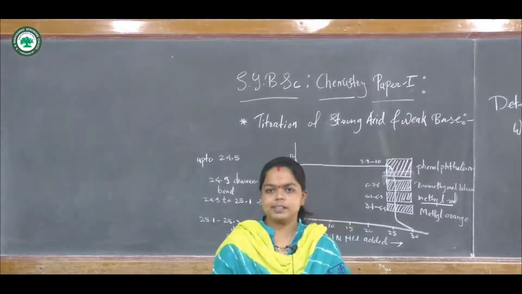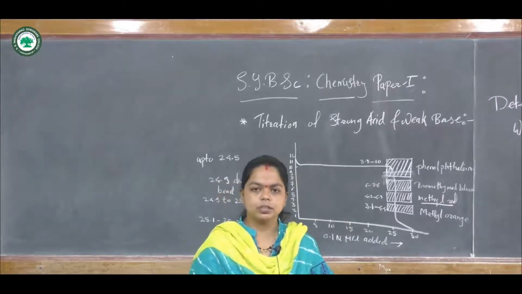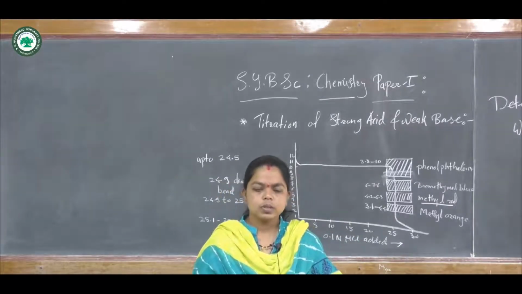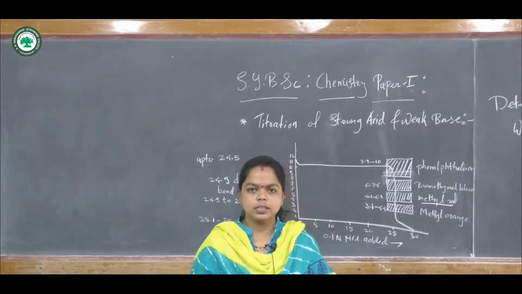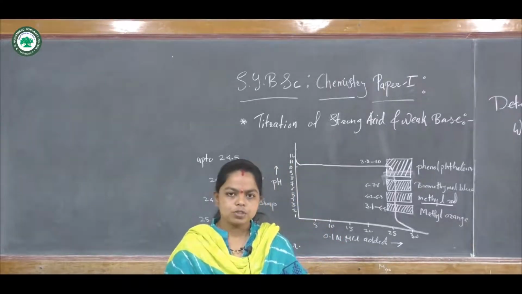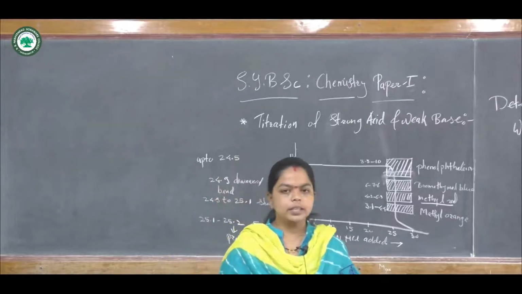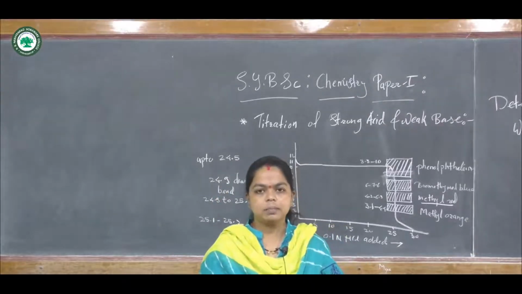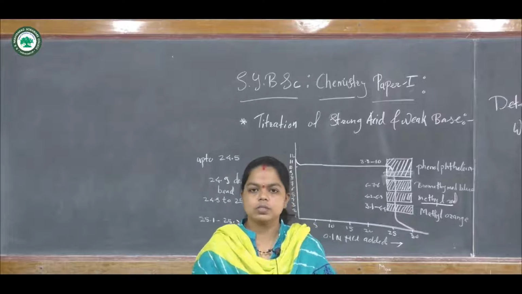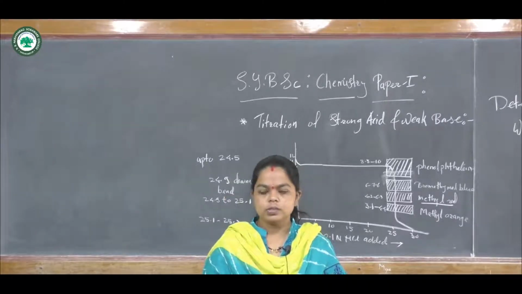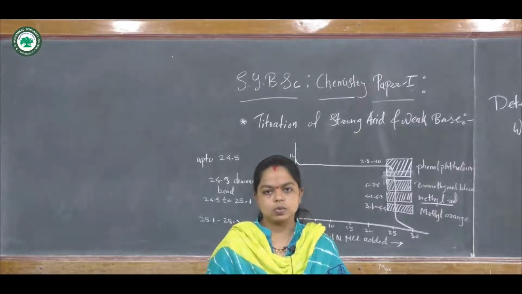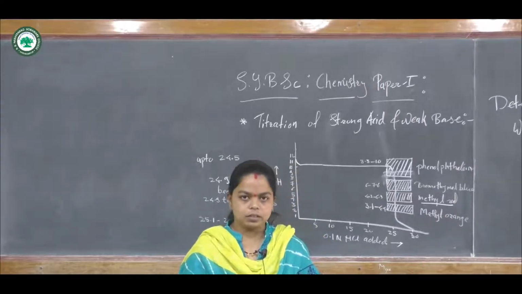When strong and weak electrolytes are used, the strong electrolytes dissociate completely in the aqueous solution, and the weak electrolyte dissociates only partially into ions in the aqueous solution. So its strength is less, and it is called the weak electrolyte.